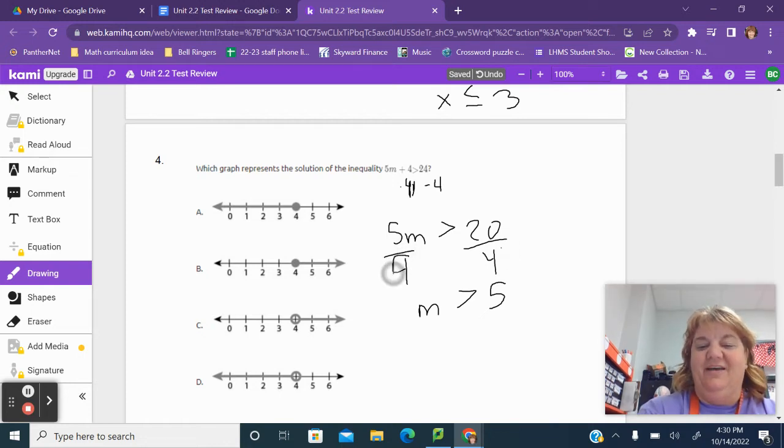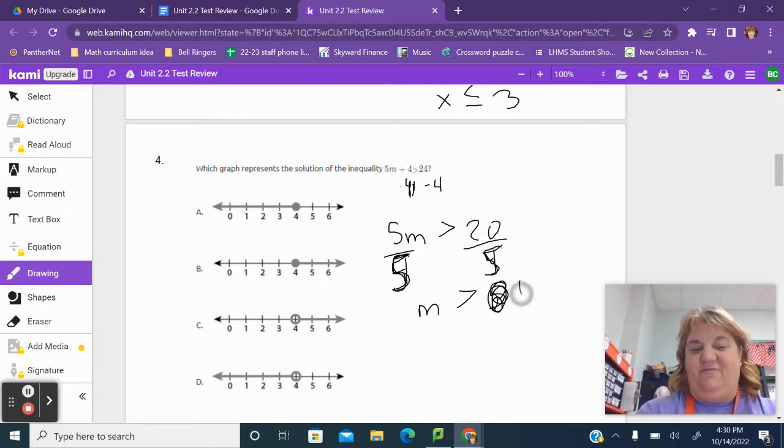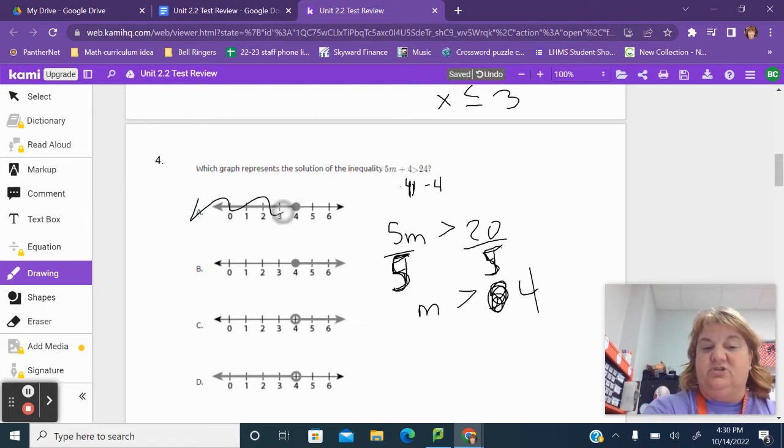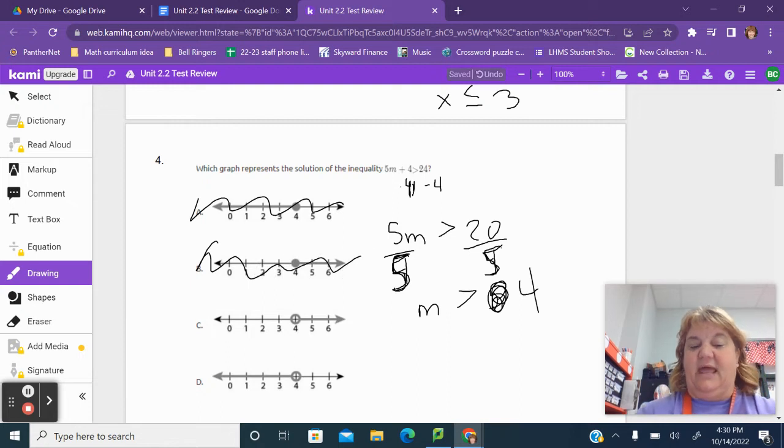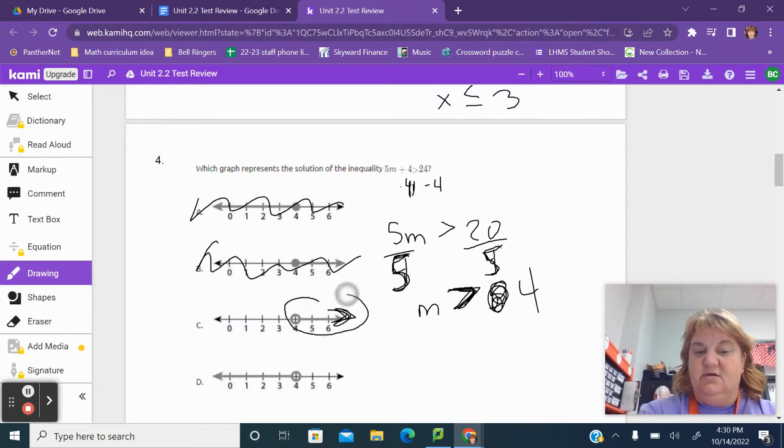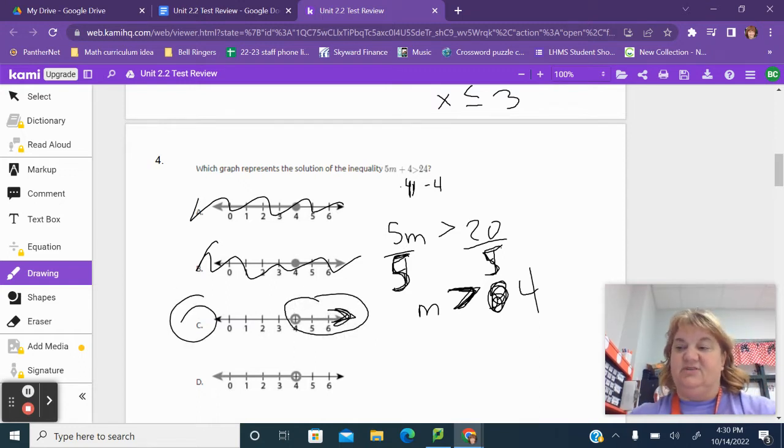Divide by 5. Okay, see, Mrs. Chalk makes mistakes. Divide by 5, so m is greater than 4. Okay, there's no equal to. So the minute I saw that there was no equal to, I could cross this and this one out. Okay, so I'm saying that m is greater than 4. Look at the way the arrow's going. It's going the same direction as this arrow. So this would be my answer. So my answer is C.